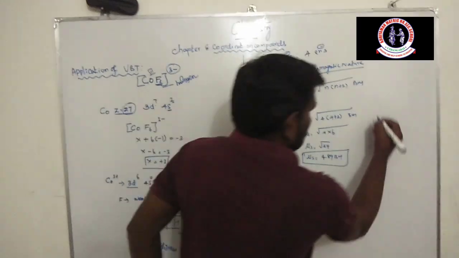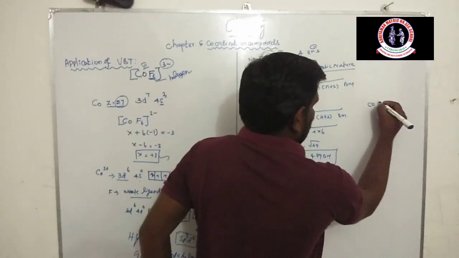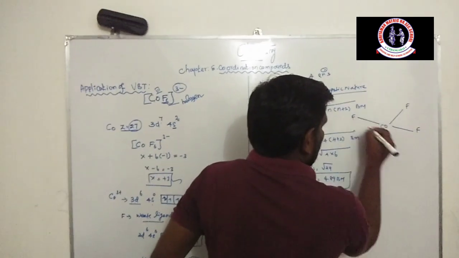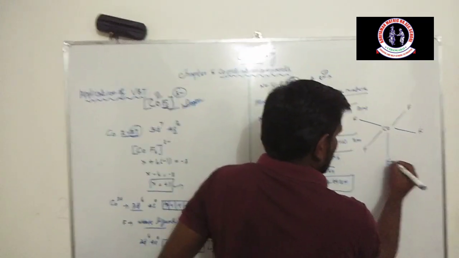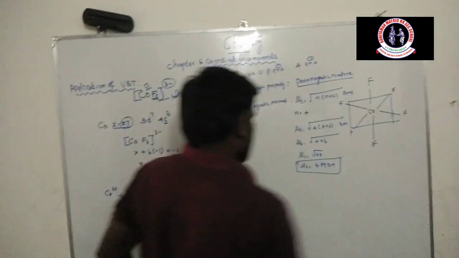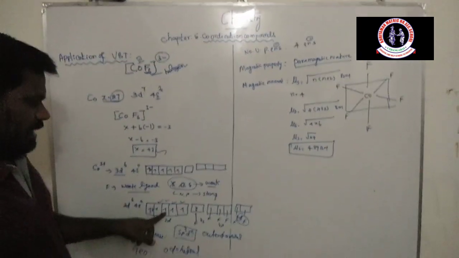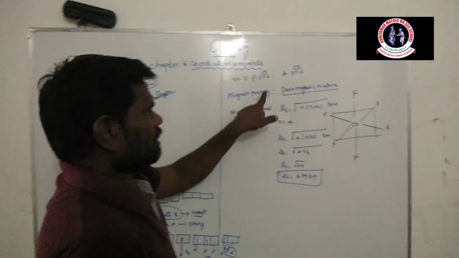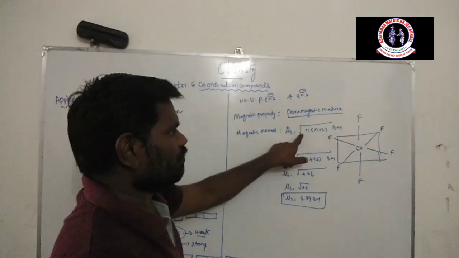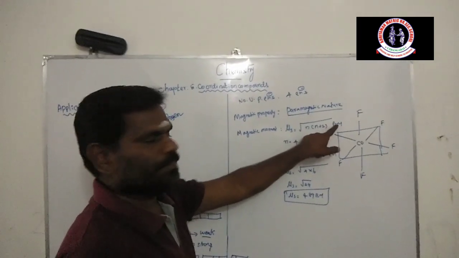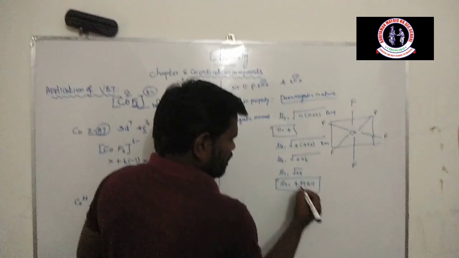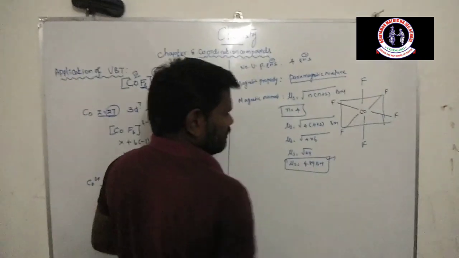Octahedral means cobalt is the central metal atom with fluoro atoms around it. That is an octahedral complex. Next, the unpaired electrons: 4 electrons are there. Magnetic property is paramagnetic. Magnetic moment formula is mu s equal to square root of n into n plus 2 BM, where n is equal to 4, giving mu s is equal to 4.89.